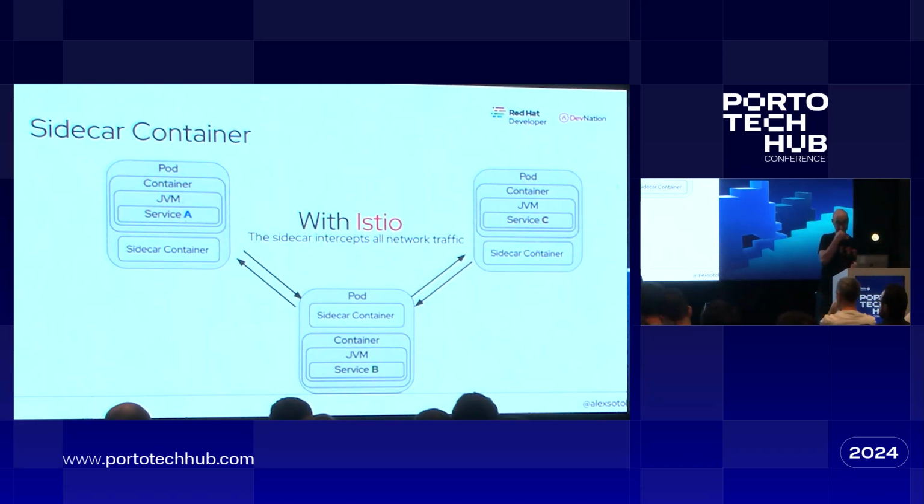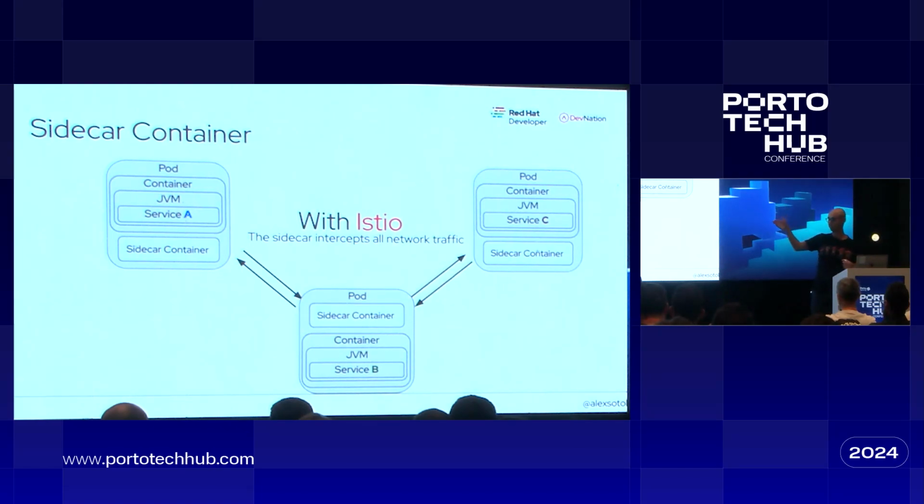And it works like this. You've got the pod, and you've got two containers. One container is your business logic, your service, and then you've got the sidecar container. This sidecar container basically intercepts all the network traffic. So every time that I make a call from service A to service B, what I'm really doing is making a call from service A to sidecar container A. This sidecar container A sends the request to sidecar container B, which will send a request to service B. And the response goes in the same way.